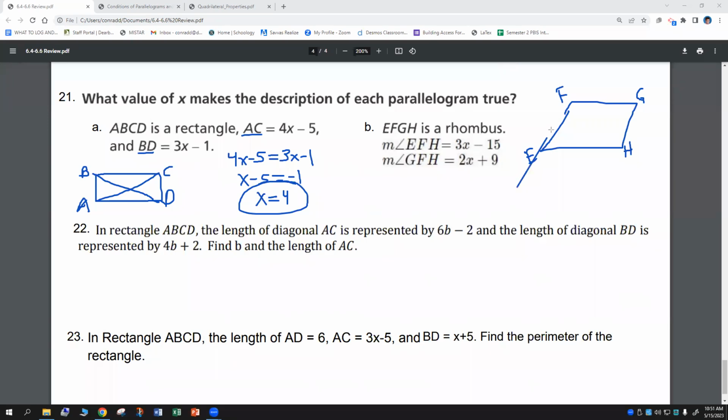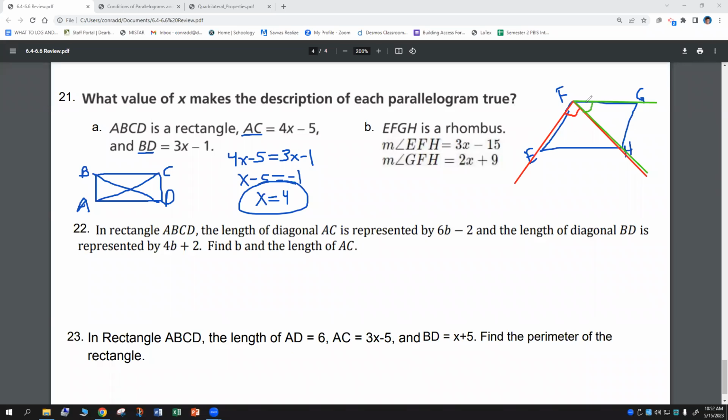That's this angle right here, EFH. Let me use a different color. That's this one right here, and it's going to be 3x minus 15. And then GFH, that's this one right here, is going to be 2x plus 9.